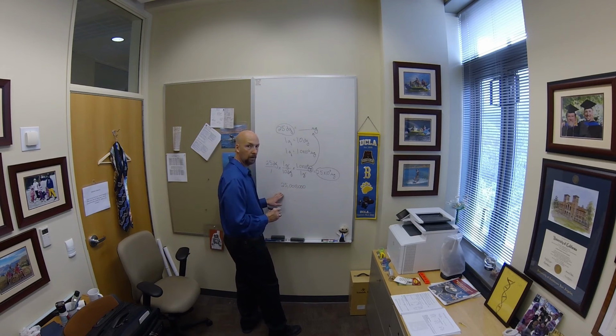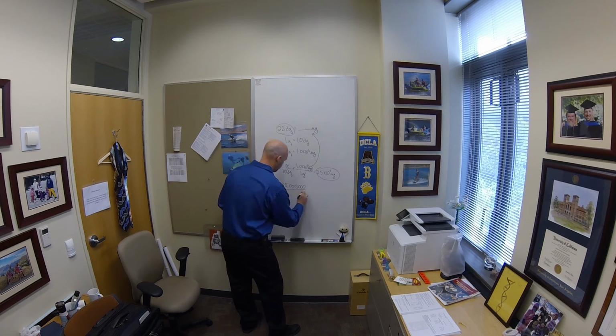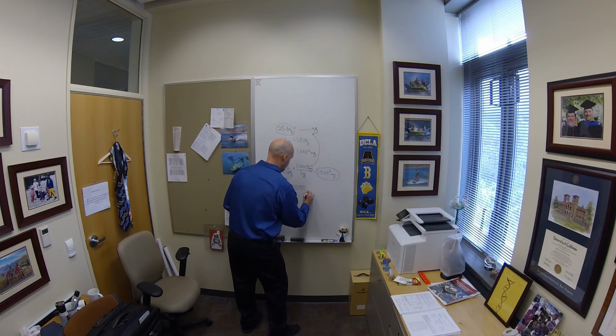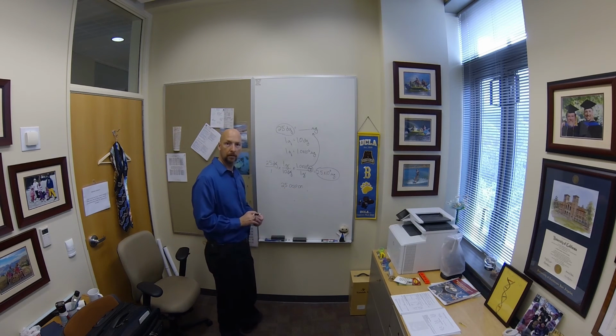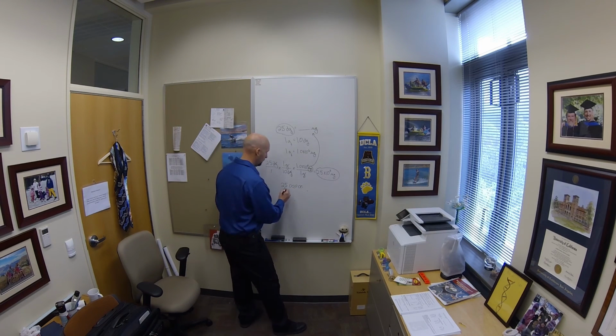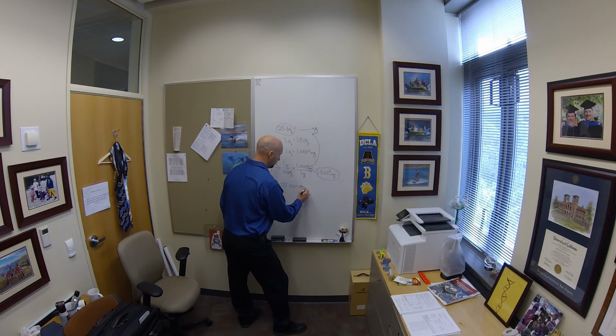There's 25 million. Divide that by 10, and basically you drop a 0, right? So I'm going to get rid of a 0, and it goes from 25 million to 2.5 million. Okay? So this is 2.5 million micrograms.